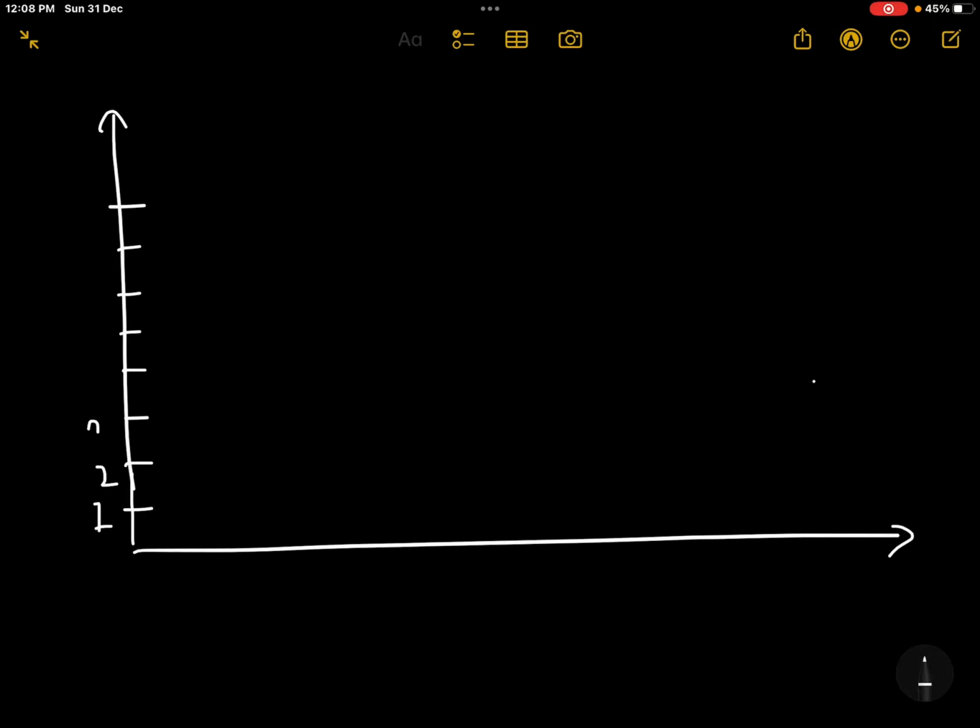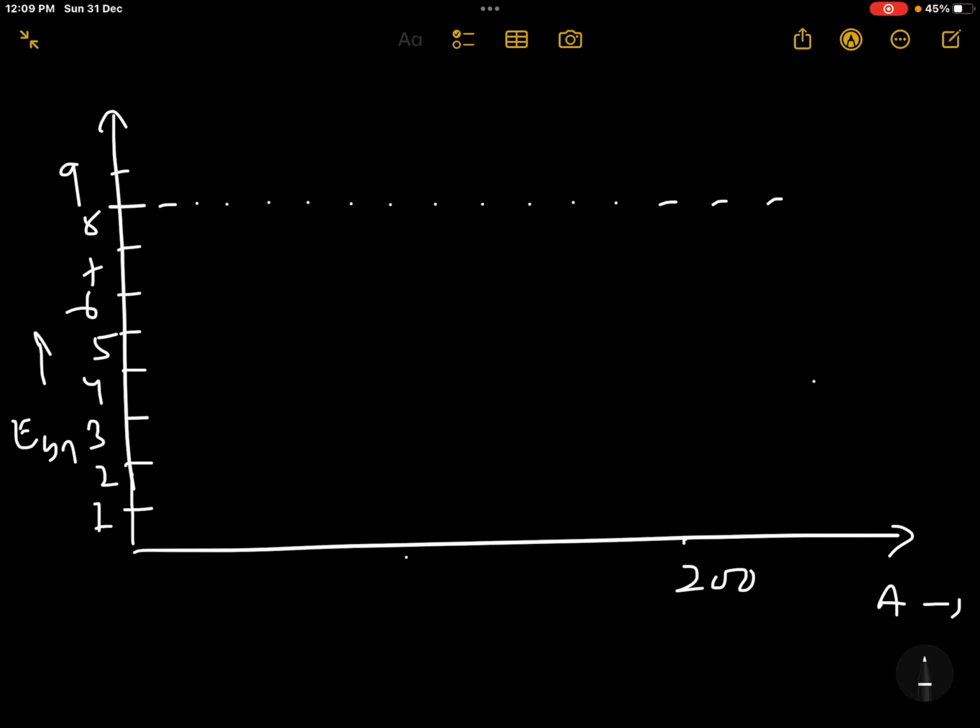1, 2, 3, 4, 5, 6, 7, 8 and 9. This is binding energy per nucleon. This is mass number. Draw a line at 8. Okay, mass number, let this be 200, half is 100, half is 50, I need 56, half is 25, I need 30.